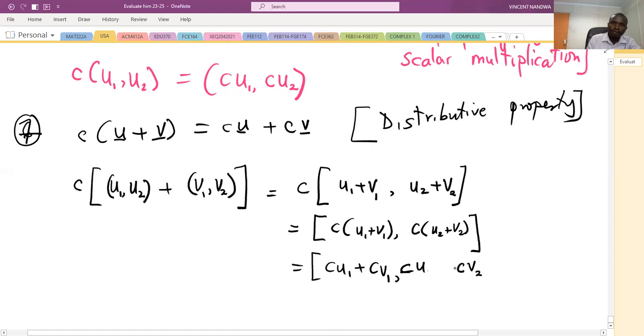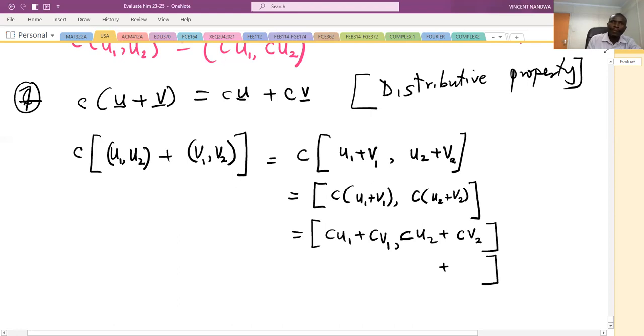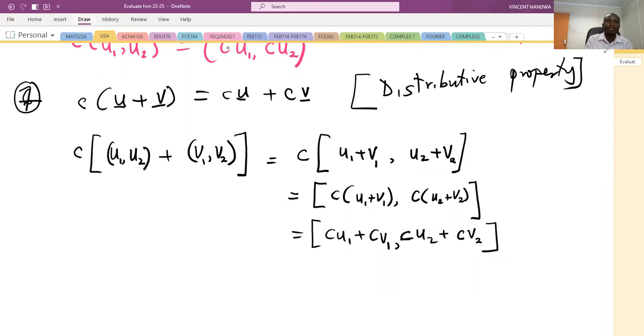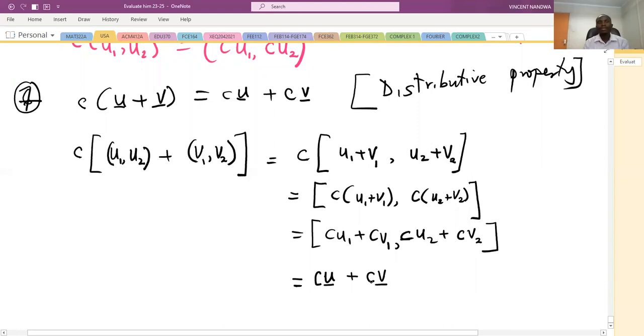And this result is not different from saying U plus V, so C times U plus C times V. And so C into U plus V is given by CU plus CV.